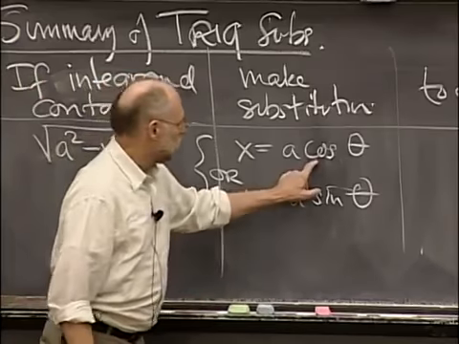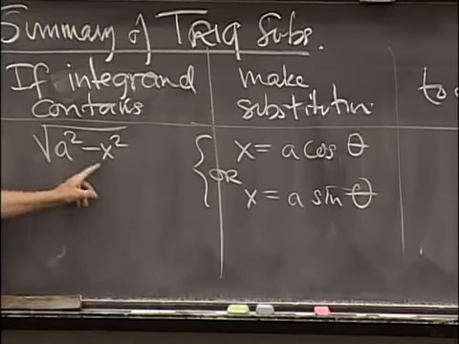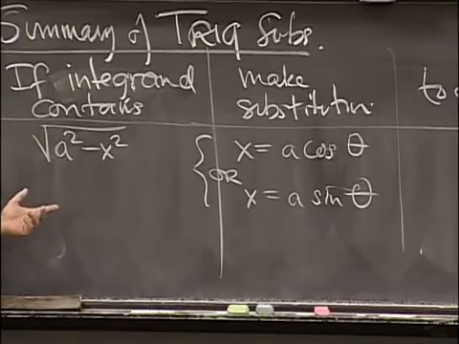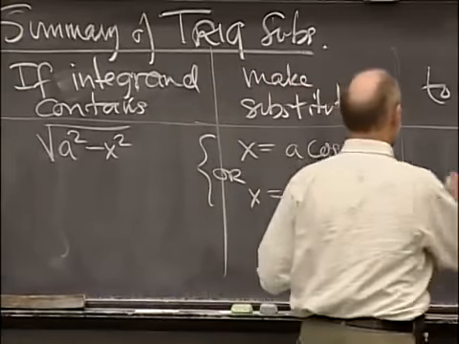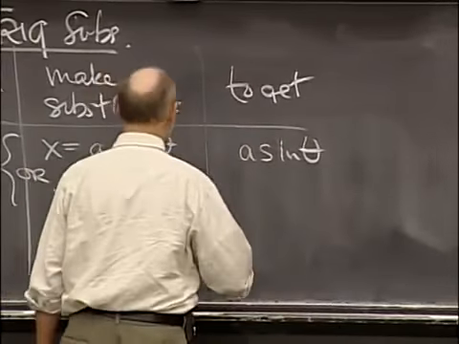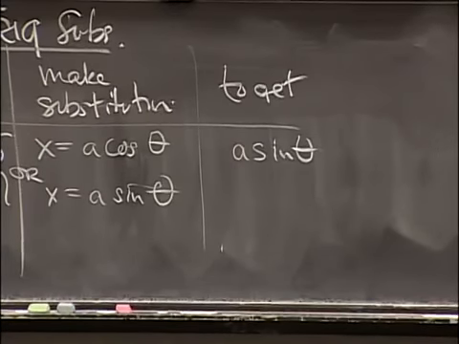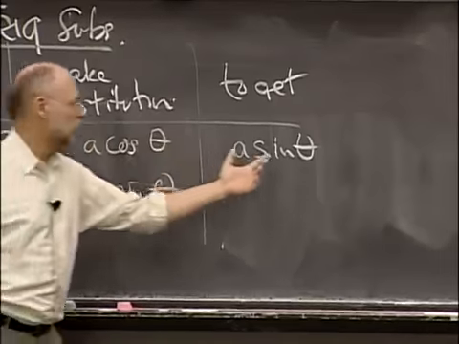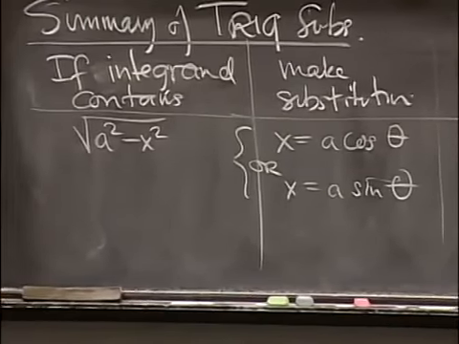And when you make this substitution, x is equal to a times the cosine of theta, you get a squared minus a squared cosine squared theta. 1 minus cosine squared is the sine squared, and so you get a sine of theta. So this expression becomes equal to this expression under that substitution.